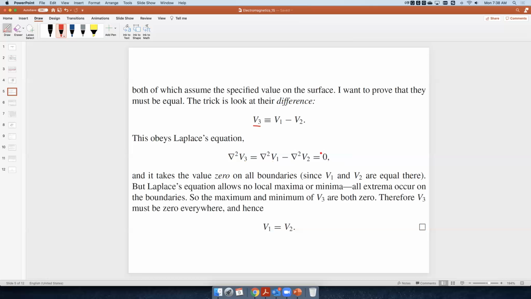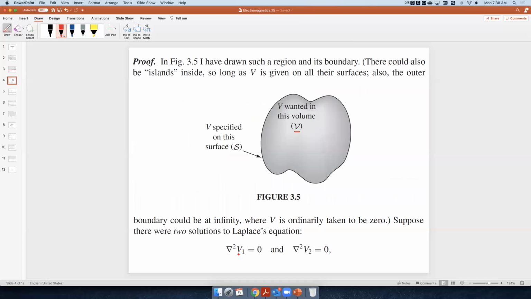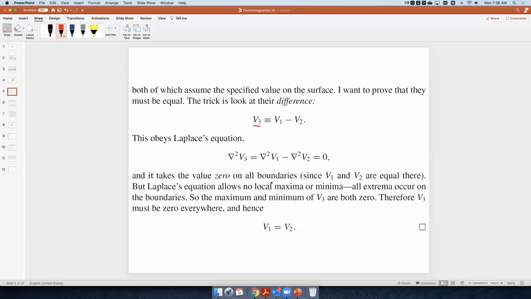They share the same boundary condition, and each obeys the Laplace equation, so V3 should also obey the Laplace equation. So del squared V3 equals 0.